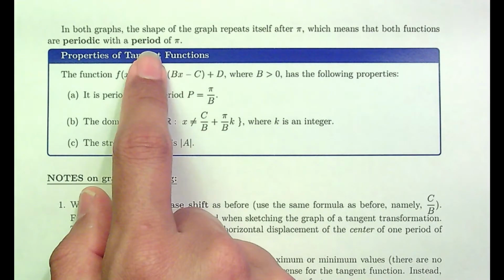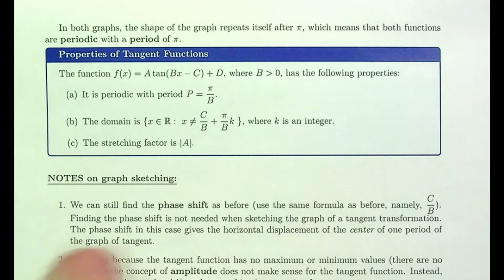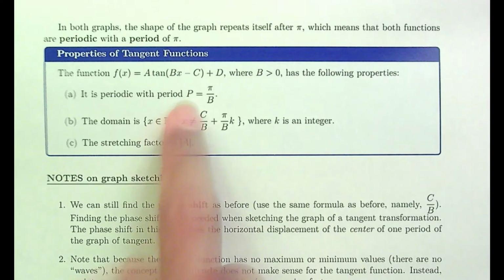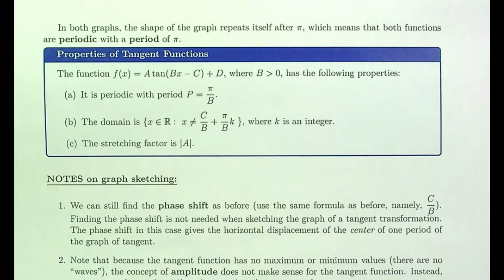These are periodic with period pi. So the formula for the period is now slightly different. Instead of being 2 pi over b, the period is now given by the formula pi over b. Because in the sinusoidal case, the original period of sine and cosine without any transformations is 2 pi, and when you make a transformation, you modify that, so it's 2 pi over b.